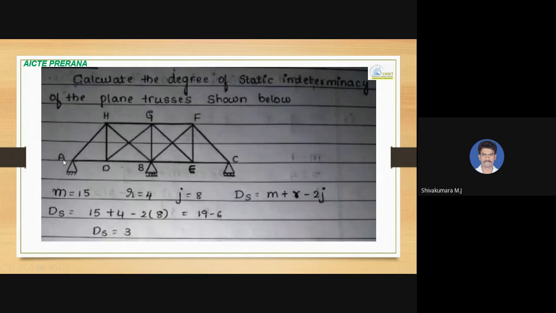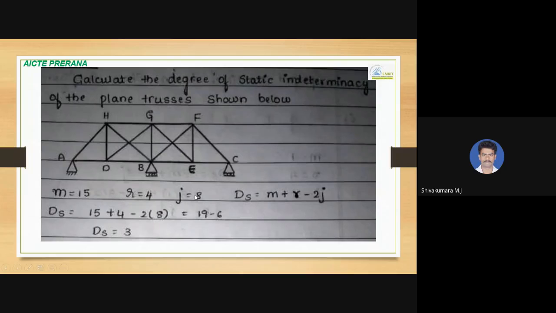The joints are A, B, C, D, E, F, G, H. Totally 1, 2, 3, 4, 5, 6, 7, 8. So 8 joints are there. That is shown here, j equals 8.